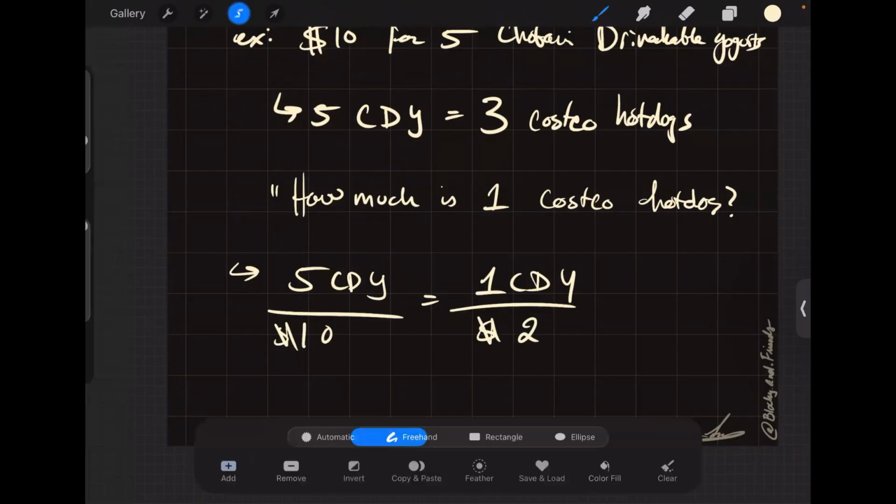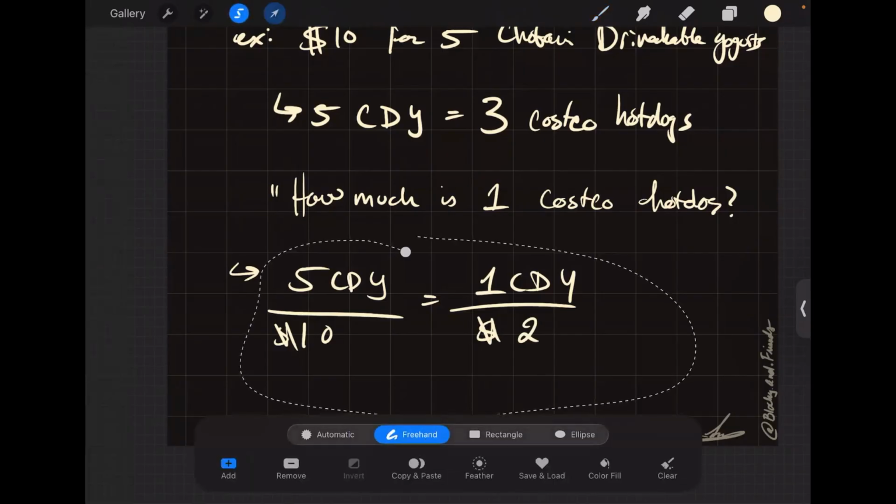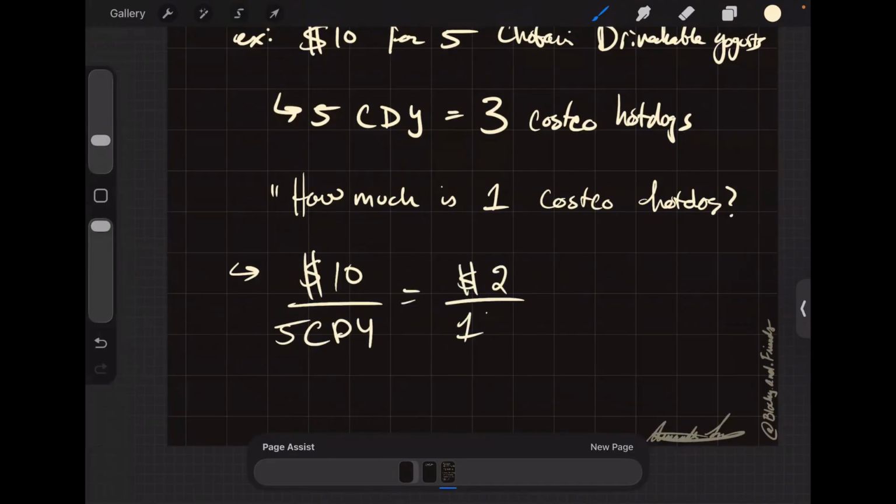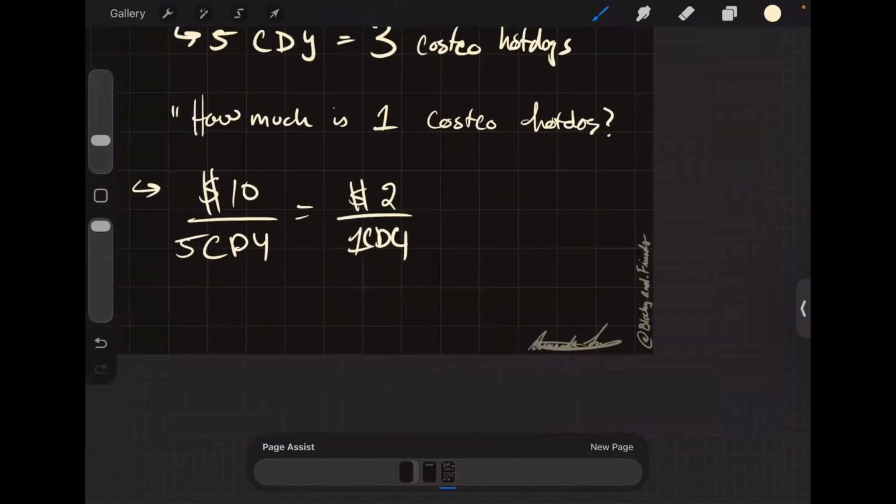Alternatively, you can write it in the flipped ratio. You can write it as $10 per 5 Chobani yogurts, which is the same as saying $2 per one Chobani yogurt.